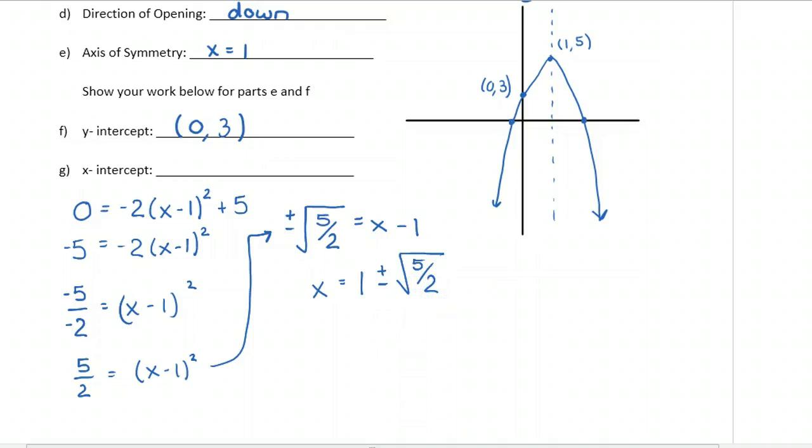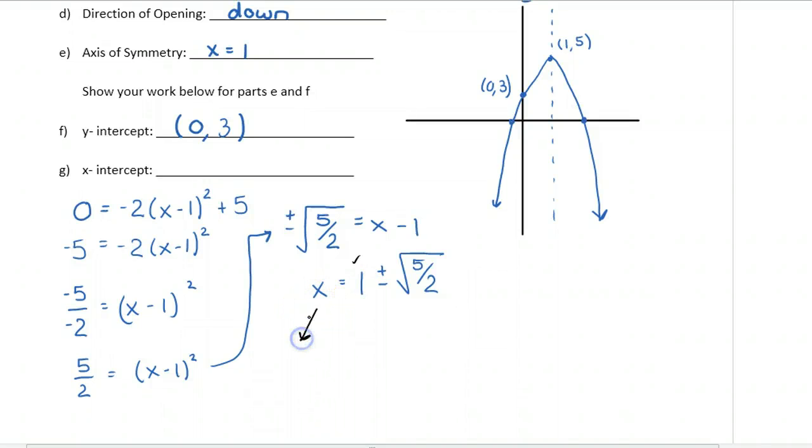And a nice little check I have here is that we can think of the x-intercepts like this: from the line of symmetry, I'm going to move to the left some amount and to the right some amount to get those two values. So I feel good, because 1 is the x value of my vertex, and the square root of 5 over 2 is the distance that I move to the left and to the right off the axis of symmetry.